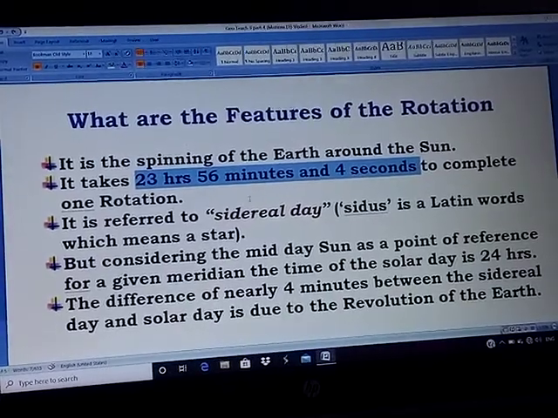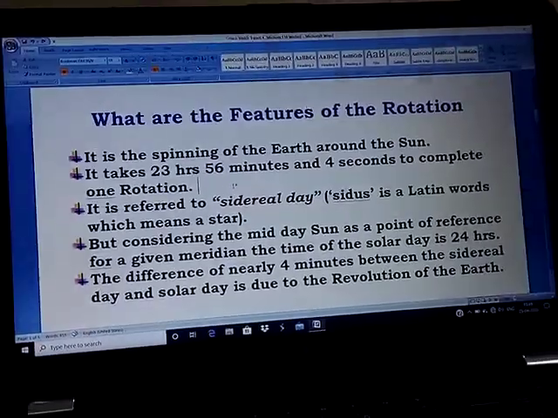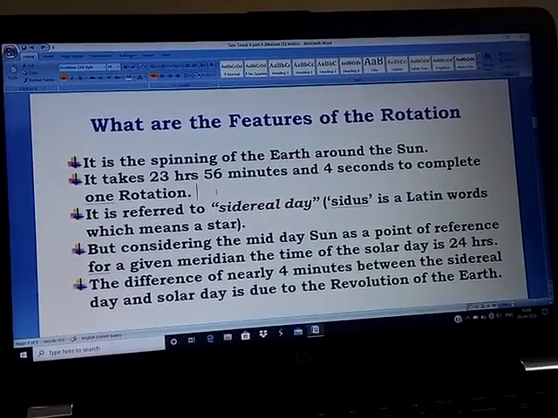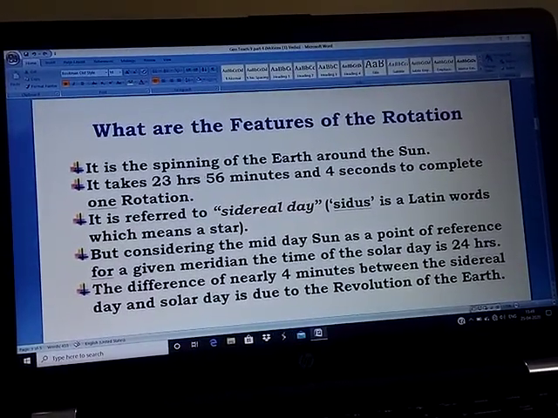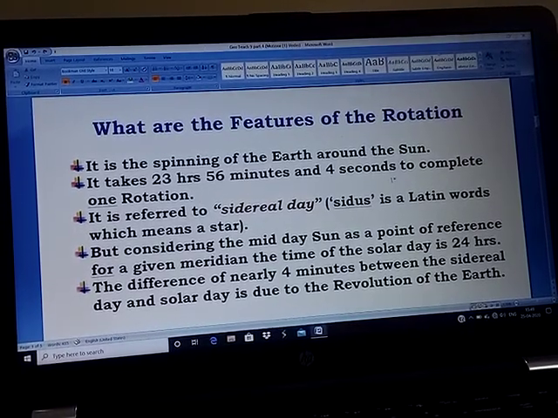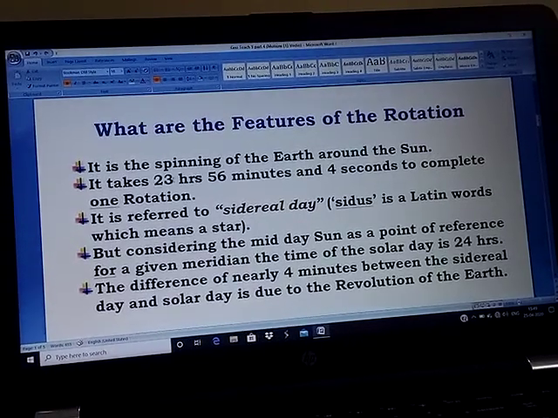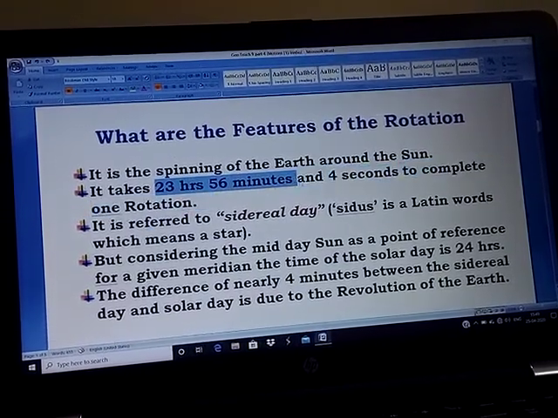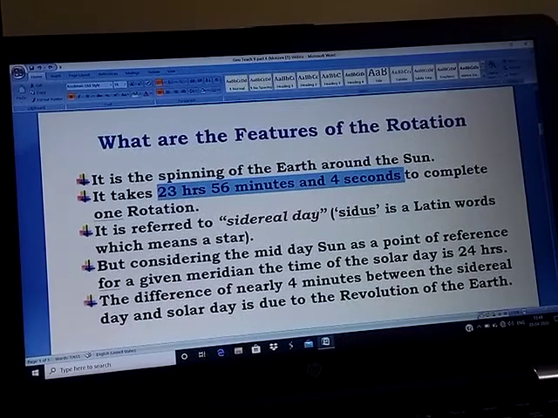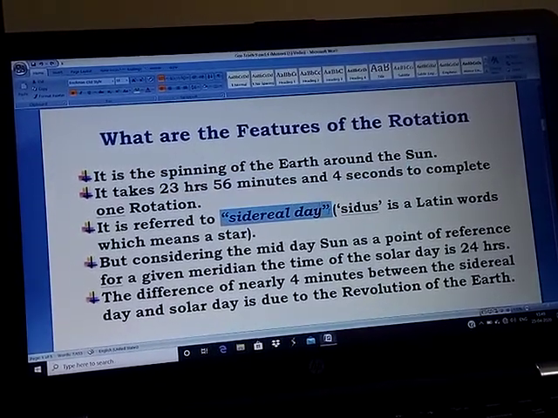Yes, but in geographical study we will see that the earth actually takes 23 hours 56 minutes and 4 seconds, around 4 minutes less. This time, in geography, we call a sidereal day.